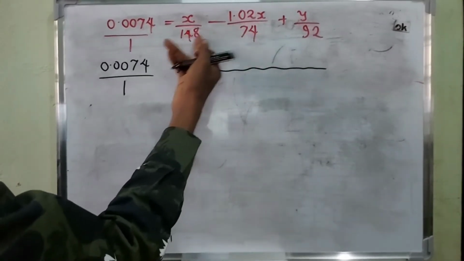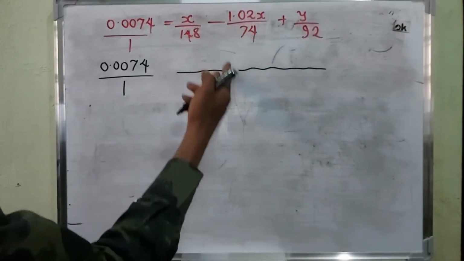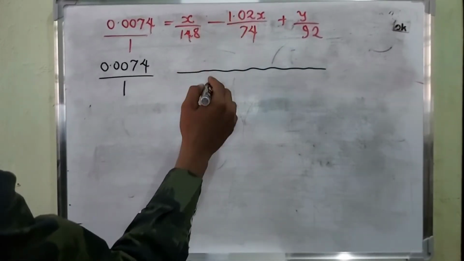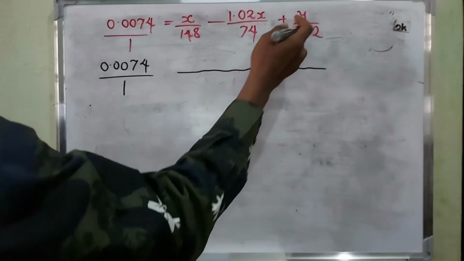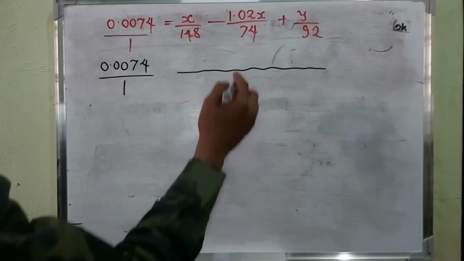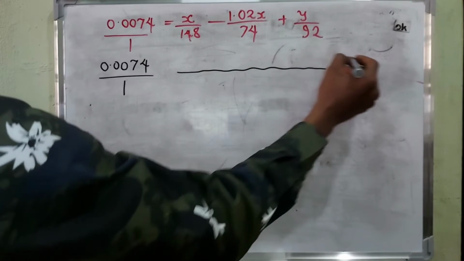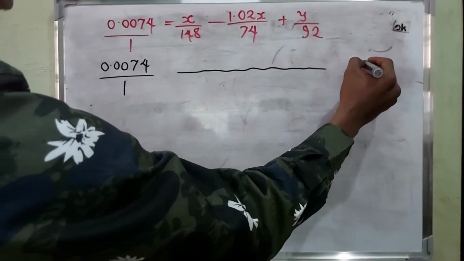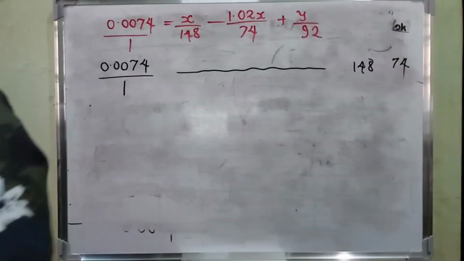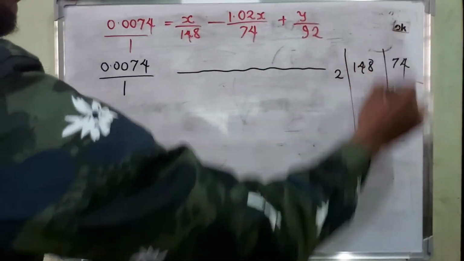The common multiple between these two x variables is 184 when you find the lowest common multiple for these two. So it's 184, right? But then this is just the only variable left. To make it easier, what I did was find the common multiple of these two. You can do that, or you can just write it out, 148, then you have 74. Okay, you could start with using 2 to divide through these two.